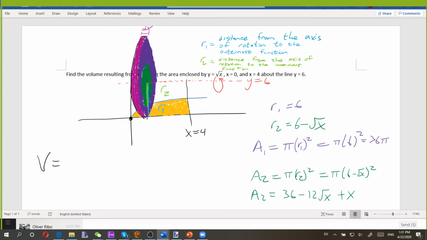Okay, so Sarah, we've got this A1 and A2 here, area of the purple disk, area of the green disk. I want to take them and turn them into volumes. What would the volume of the three-dimensional purple disk be?